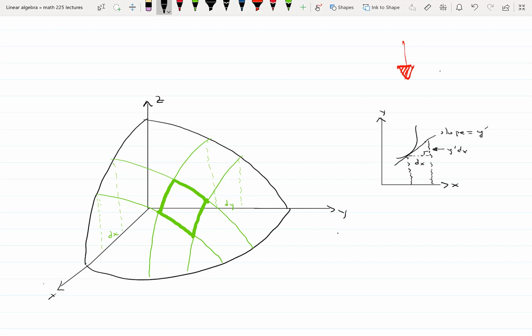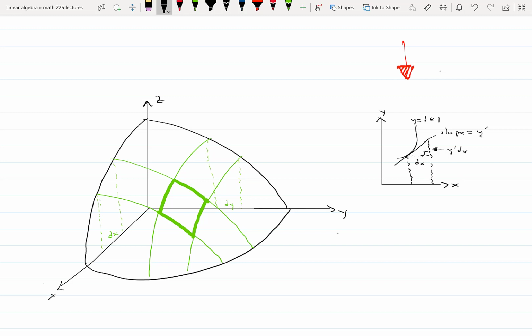So suppose we're given some function y equals f of x, and at some point on the curve we have a tangent line, and then we move from the tangent line a small distance dx horizontally. The distance we would have to move to return to the curve, I claim, would be y prime dx, the slope of the tangent line times dx.